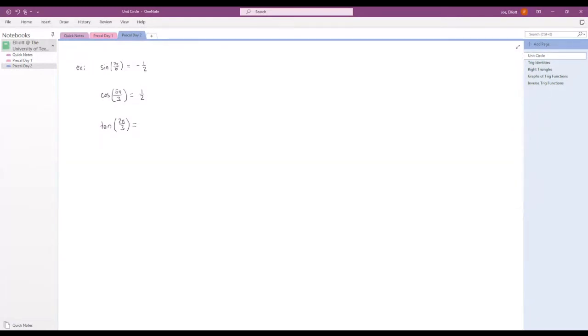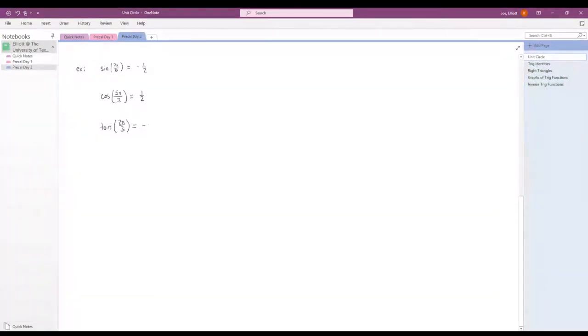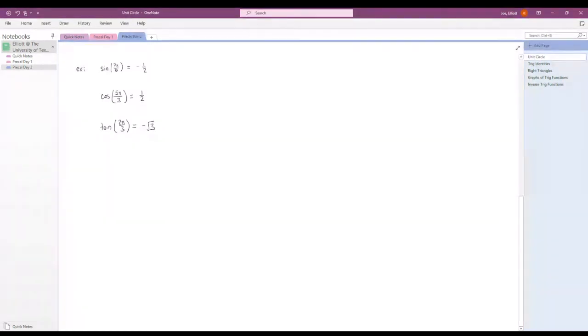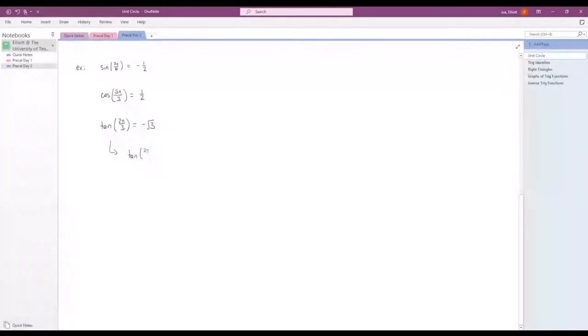All right, cool, and I think someone answered some minus square root of 3. Okay, so let's check that. For something like tangent, if you don't remember tangent immediately, what you can do is think of tangent as being sine over cosine, right?